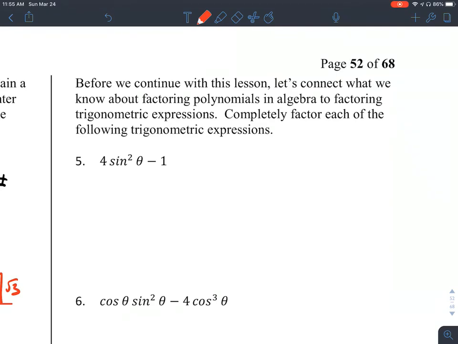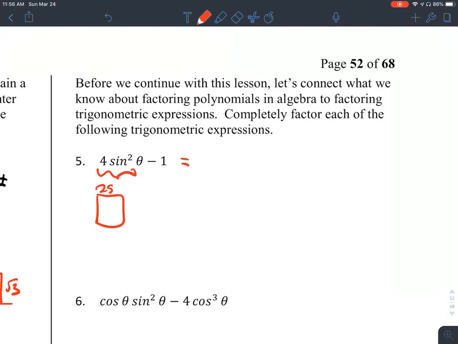So what are some different factoring rules? Well, if it's a binomial, like this one is, there's 2 terms, could be one of 3 things. Now, first of all, always factor out the greatest common factor. This one, the greatest common factor is 1, so we don't have to do it. Then, if it's a binomial, it could be the difference of 2 squares, the difference of 2 cubes, or the sum of 2 cubes. This problem is the difference of 2 squares. How do I know? This is a perfect square.